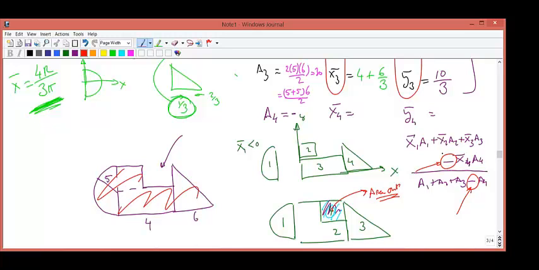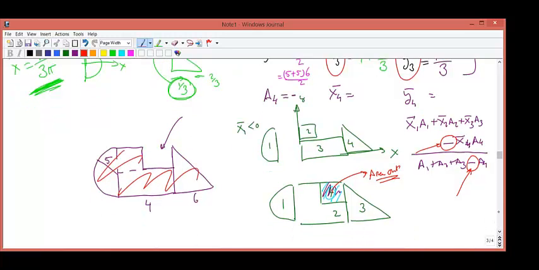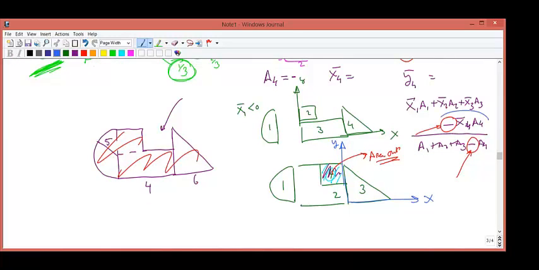So now you're guessing where I'm going with this. It means that if you decide to put your coordinate system right here, let's focus on this term. You have the negative sign because you took out the area, but look, this is x4 bar, which is located at -1.